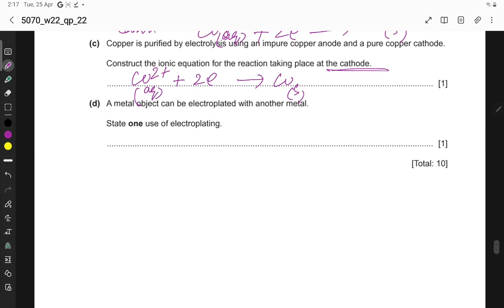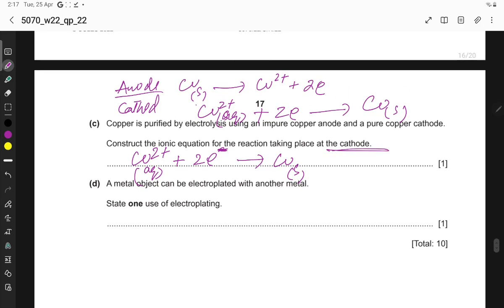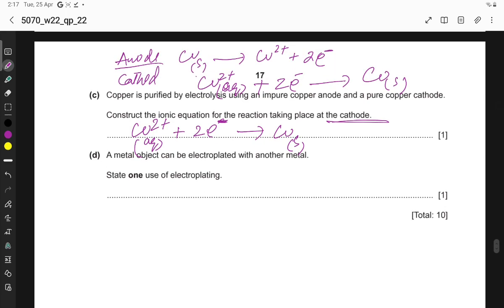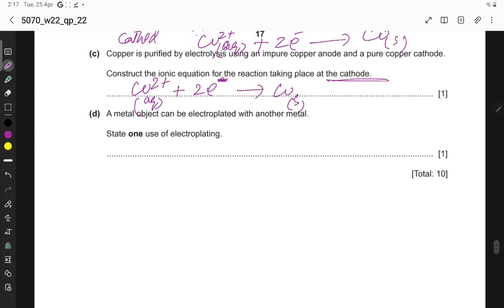You can write the negative sign over the electrons because electrons carry negative charge. It doesn't matter if you don't write it, because it is understood, but it is better to write the negative charge here.